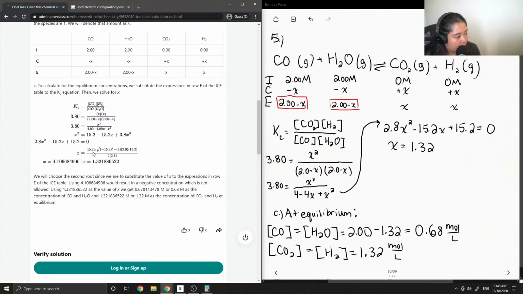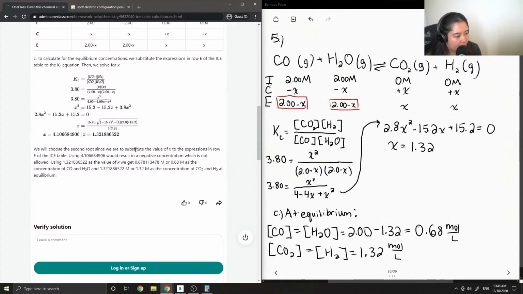And here they had X equals negative b plus or minus the square root of b squared minus 4ac all over 2a. Okay, so you can see here that they got the two different x values. One of them was greater than 2 and one of them was less than 2. So they said we will choose the second root since we are to substitute the value of x to the expressions in row E of the ice table.